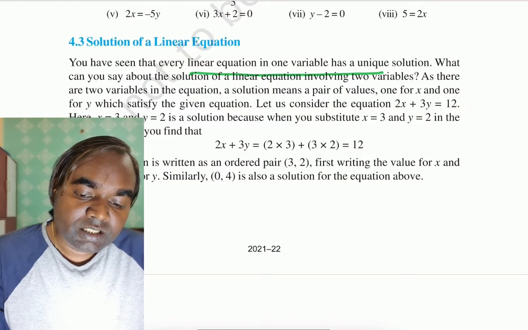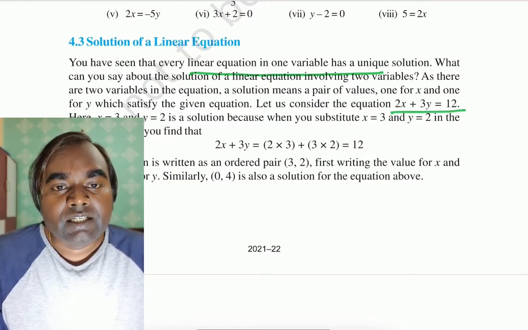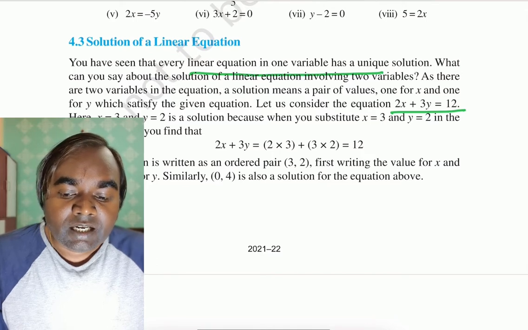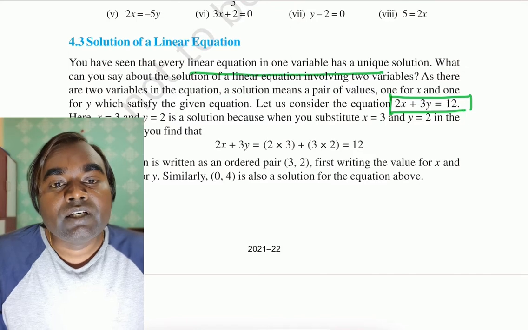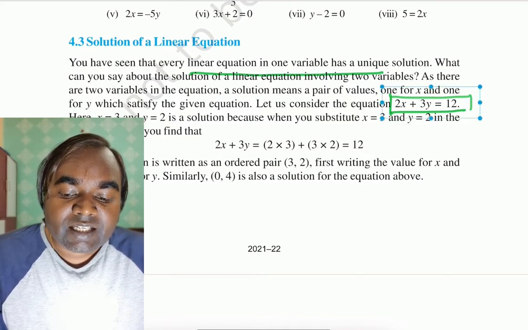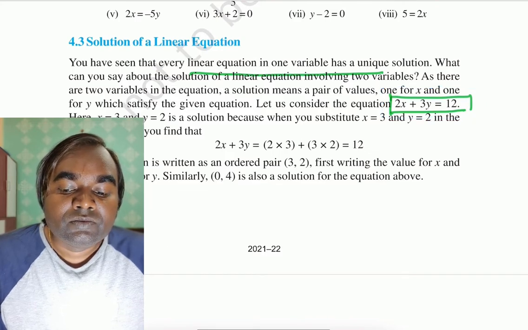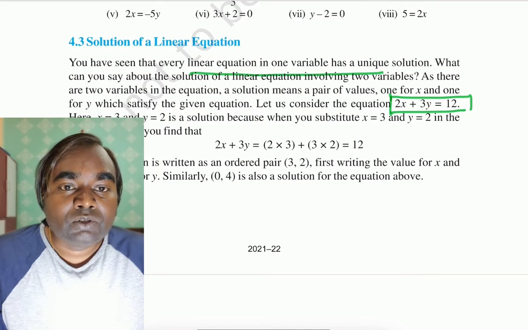Suppose let us consider 2x plus 3y is equal to 12, a linear equation in two variables, and we want to check what the solution of this equation is. By inspection, we can see that for x is equal to 3 and y is equal to 2, we get 6 plus 6 is equal to 12 on both sides.